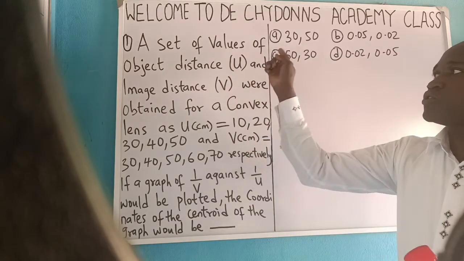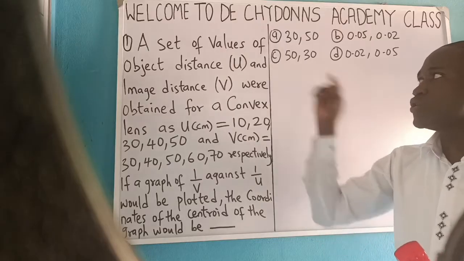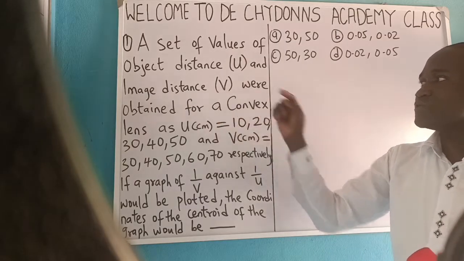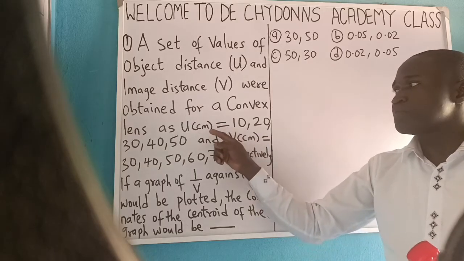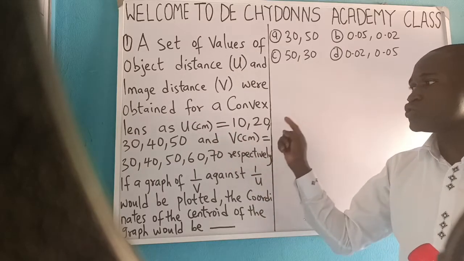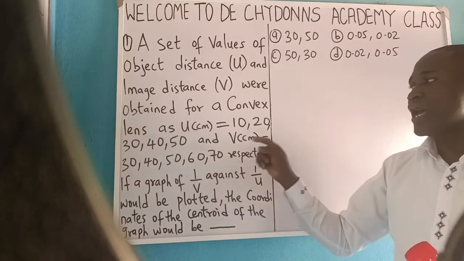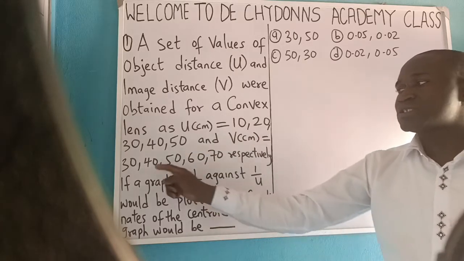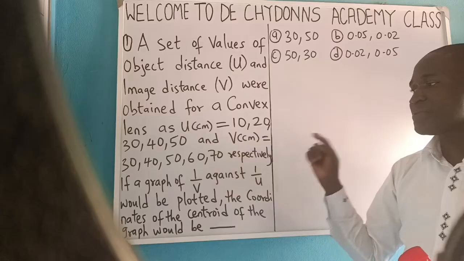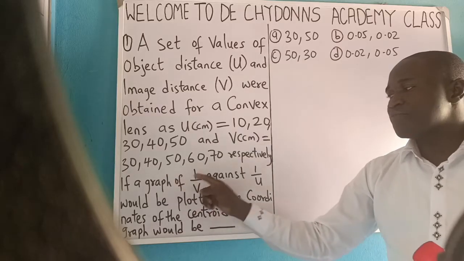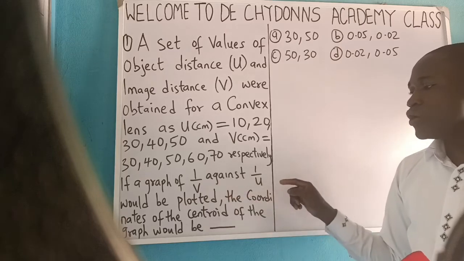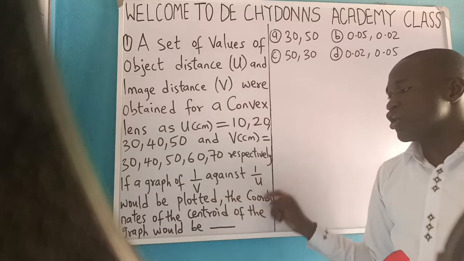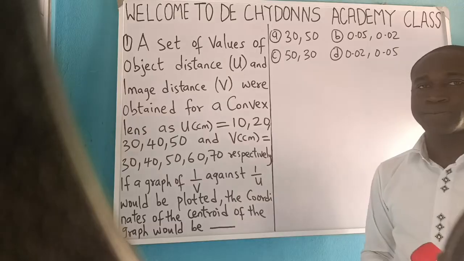A set of values of object distance u and image distance v were obtained for a convex lens as u in centimeter 10, 20, 30, 40, 50 and v in centimeter 30, 40, 50, 60, 70 respectively. If a graph of 1 over v against 1 over u would be plotted, the coordinates of the centroid of the graph would be what?